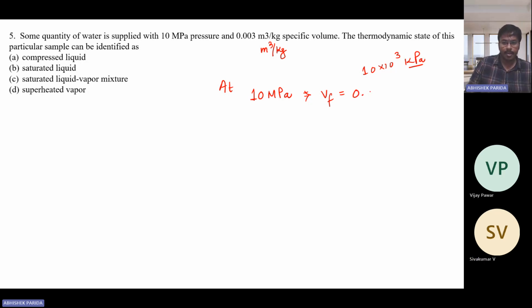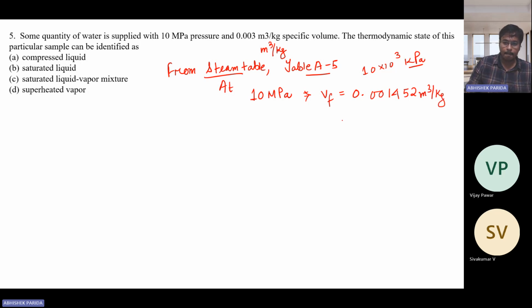Correct. At 10 megapascal, VF is equal to, from the steam table of Cengel and Boles, table number A5, 0.001452 meter cube per kg.